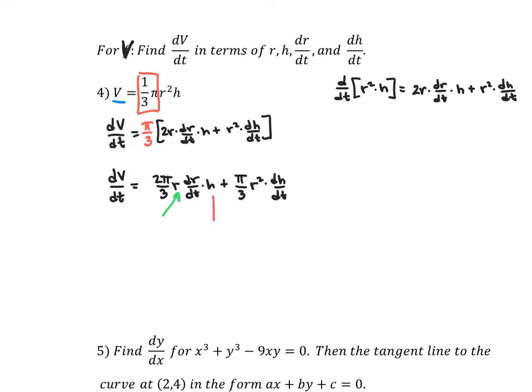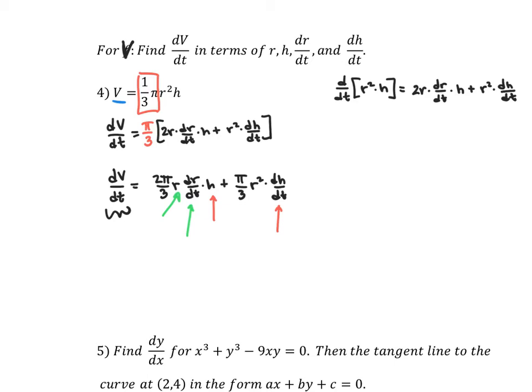H is the height of the cone. Dr dt is the change in the radius with respect to time, or the rate of change of the radius with respect to time, and dh dt is the change in height with respect to time. And that's all equivalent to the change in the volume with respect to time.